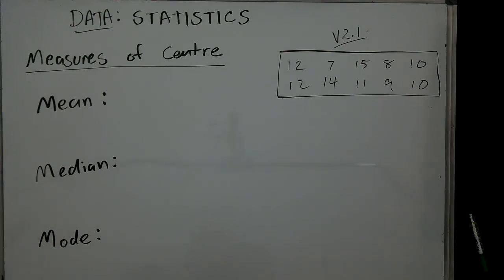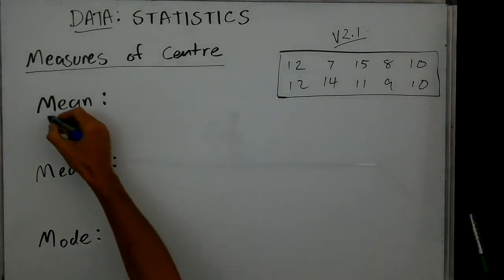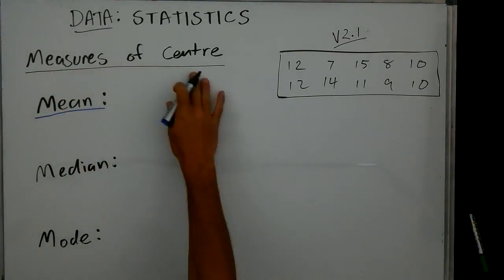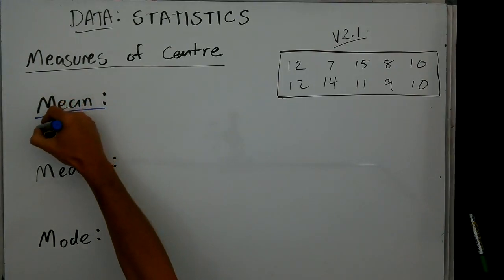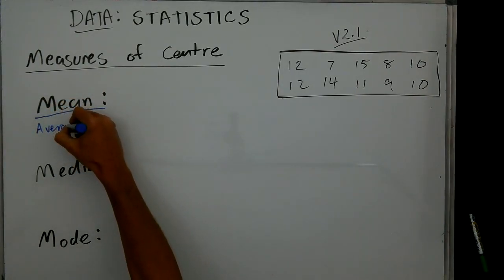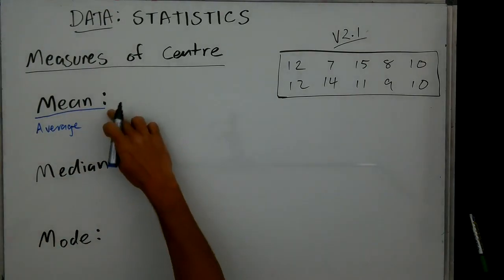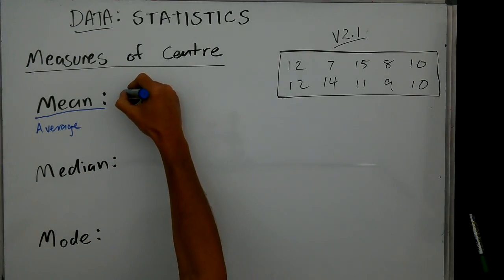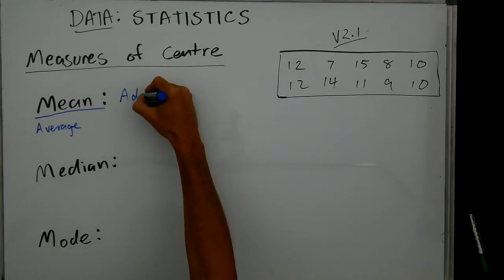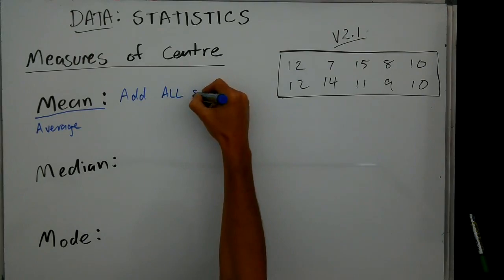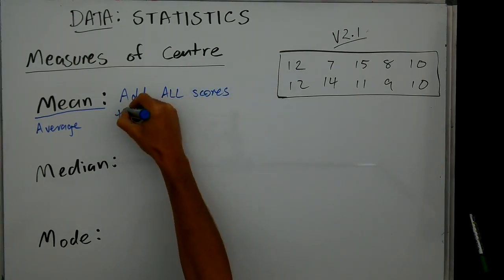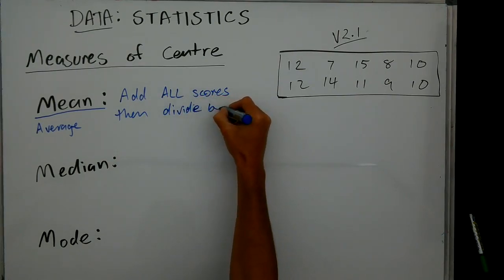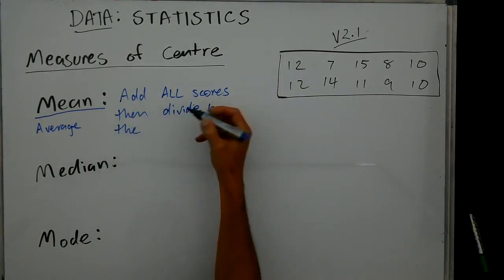Okay, so the first one is the one that I think everyone is familiar with. It's the mean. Another word for this is average. When we say average, this is the one we sort of think of. The mean is where we add all the scores and divide by the number of scores.